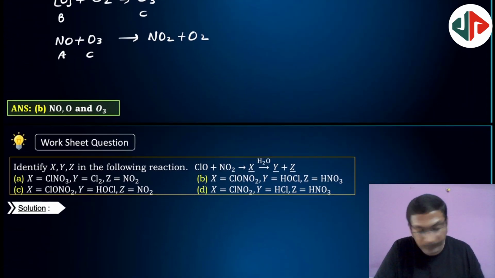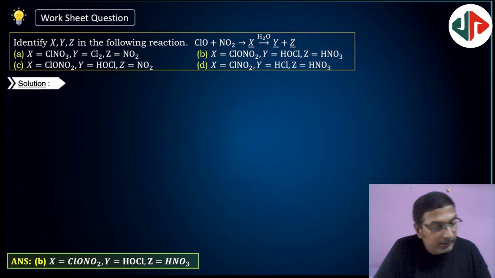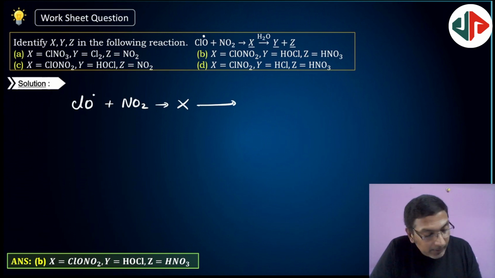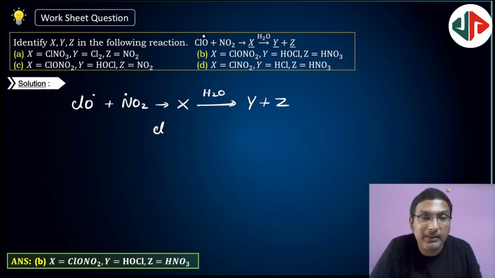Next. So X, Y, Z in the following reactions. So ClO radical should be there here. ClO radical plus NO2 gives X. X on hydrolysis gives Y and Z. So here it is having one unpaired electron, an odd electron molecule, ClO and NO2.